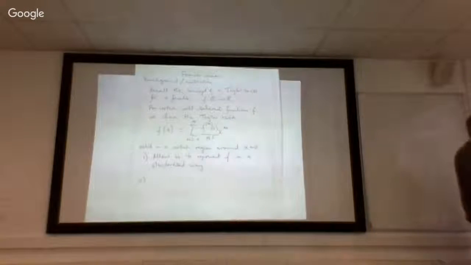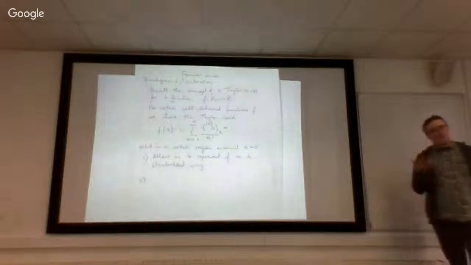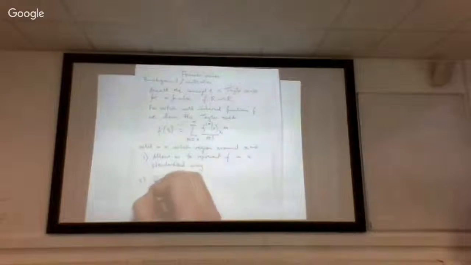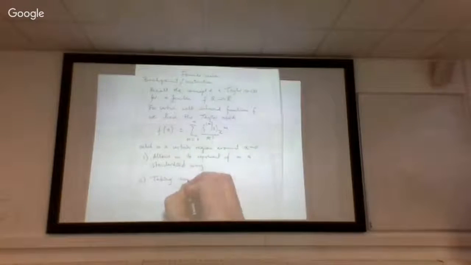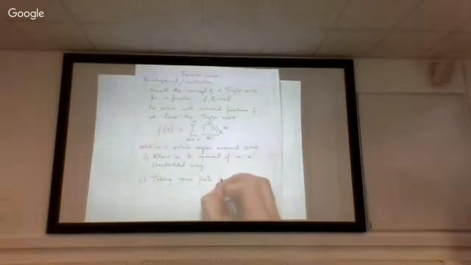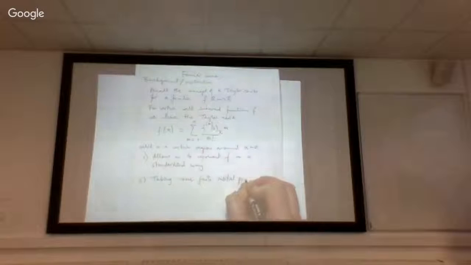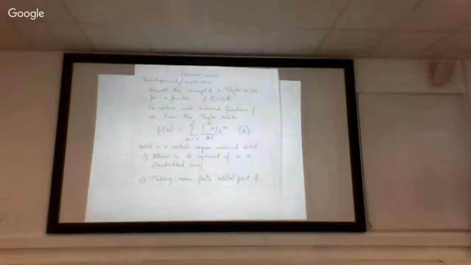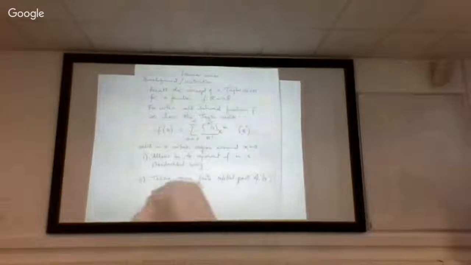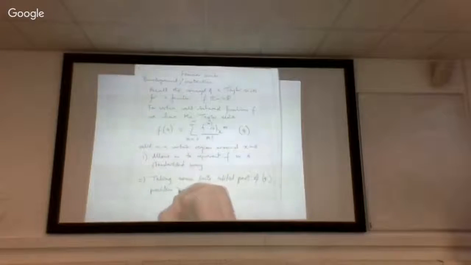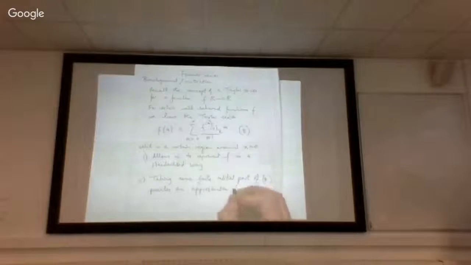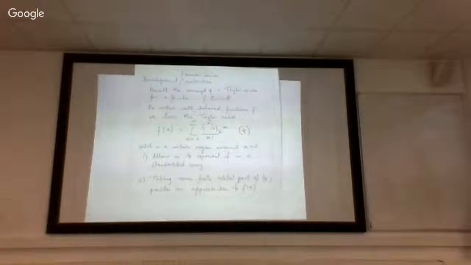If you aren't dealing with exact values, whatever your application or context is, if you're happy to deal with approximations, then taking some finite initial part of this sum, so I'll just label the summation star, if you take some finite initial part of the sum star, this provides an approximation to the value f of x.